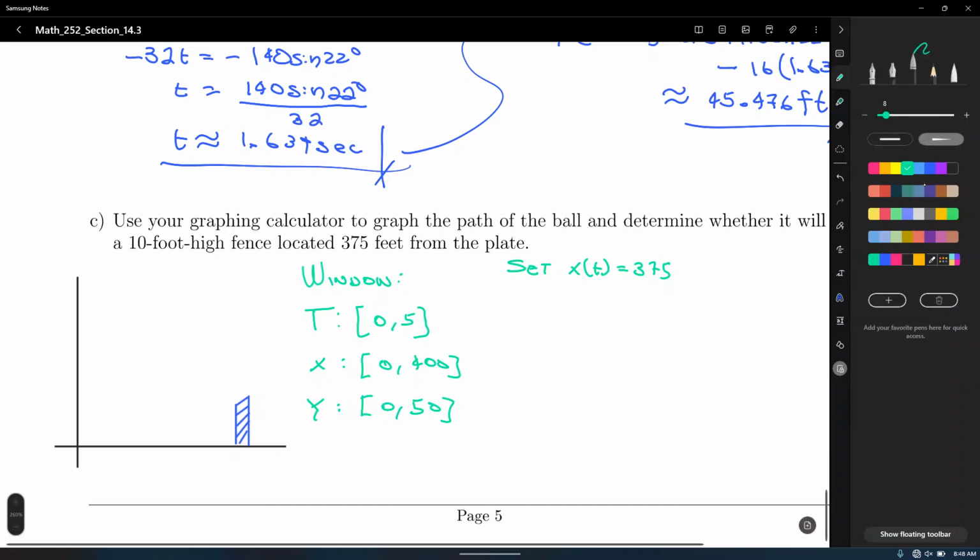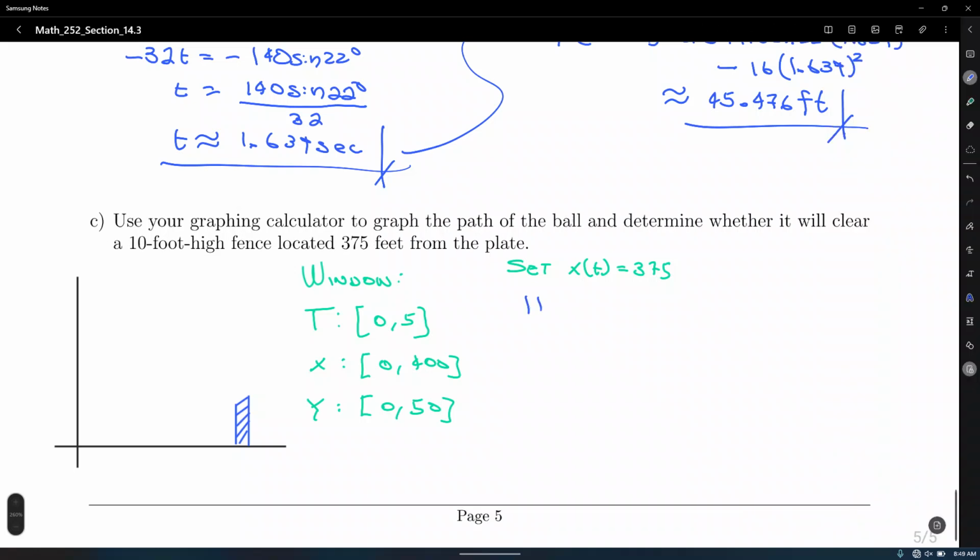That means 140 cosine 22 degrees t, set equal to 375. That is, t equals 375 divided by 140 cosine 22 degrees.